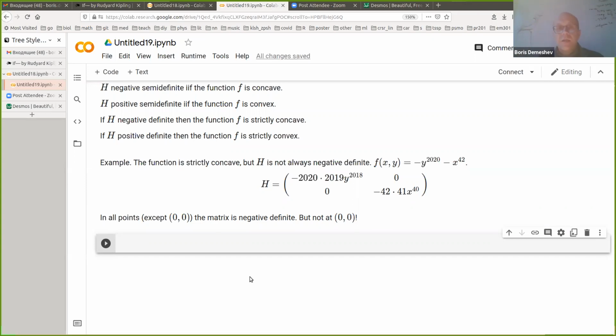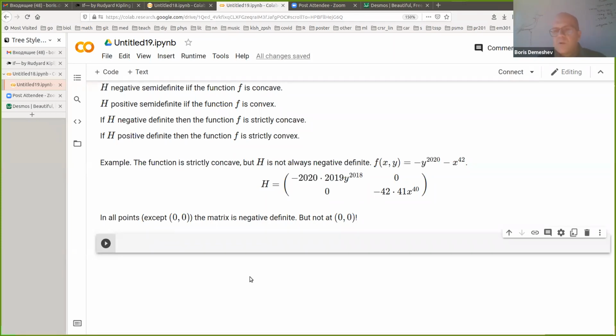Let's finally go to the link between optimization and concavity, convexity. Finally, what we can say about optimization of concave or convex functions.